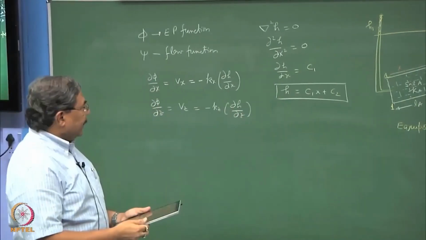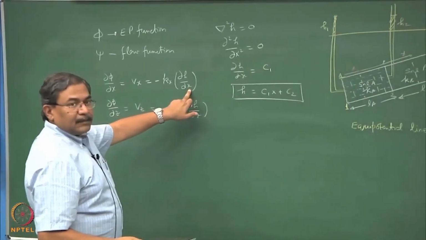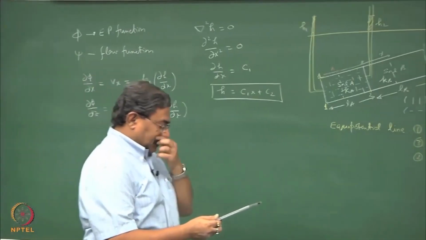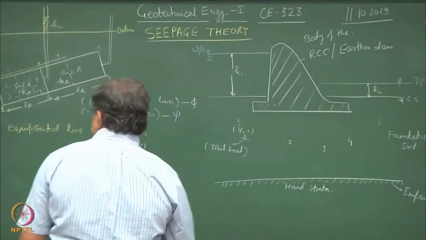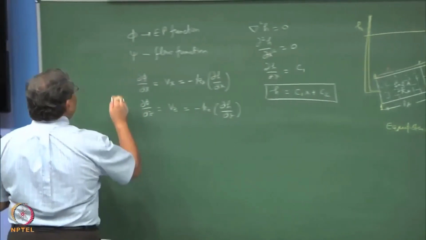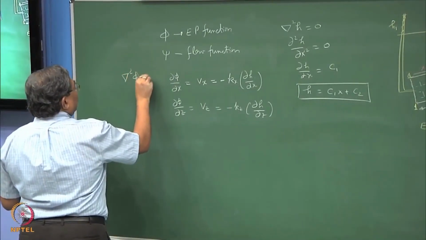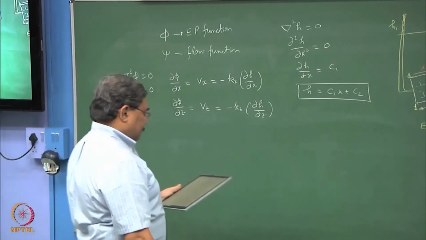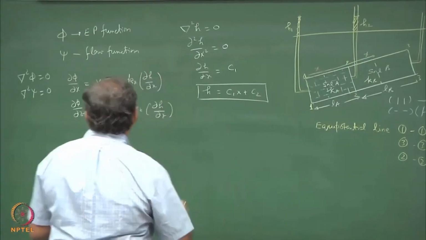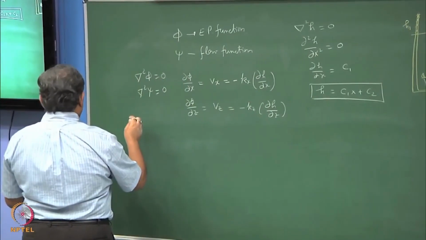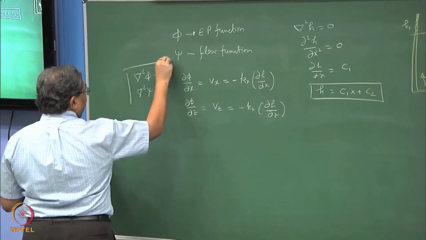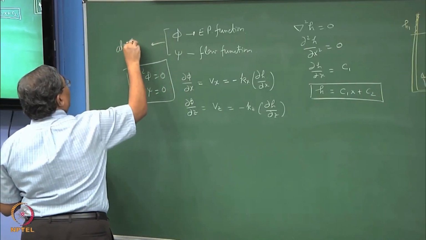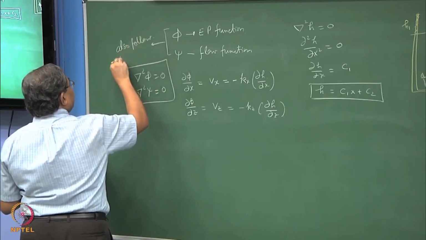The minus sign indicates that as x increases, h decreases. All right. So, this is what the interpretation is. I can show that del square phi is equal to 0 and del square psi is equal to 0. Now, what this indicates is that the functions phi and psi also follow the Laplace equation.